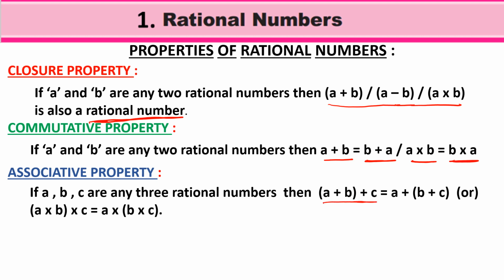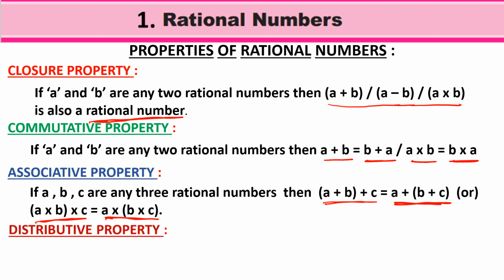This is associative property under addition in rational numbers. Now a into b into c is equal to a into b into c. This is also associative property under multiplication. So in rational numbers, the associative property is satisfied under addition and multiplication only, right? It is not satisfied under subtraction and division.